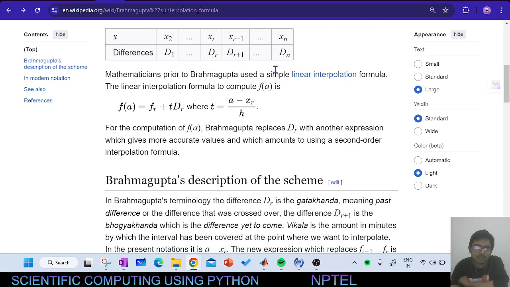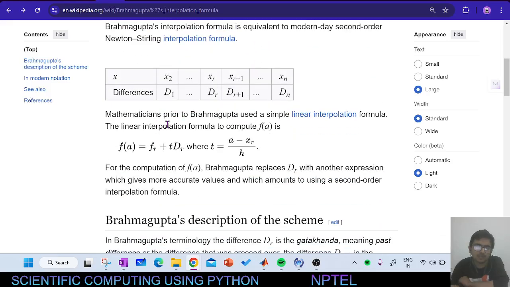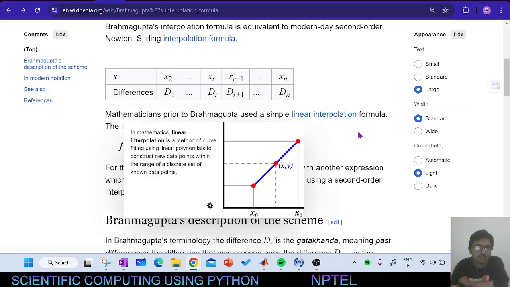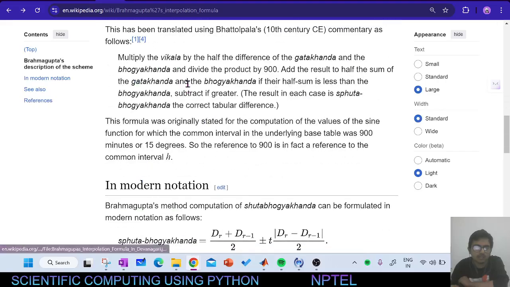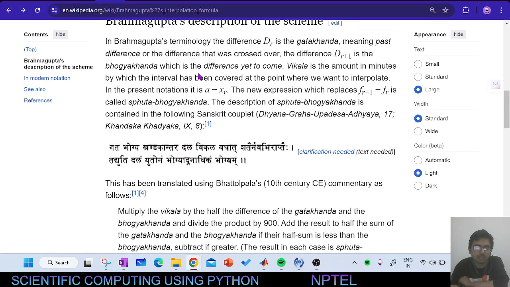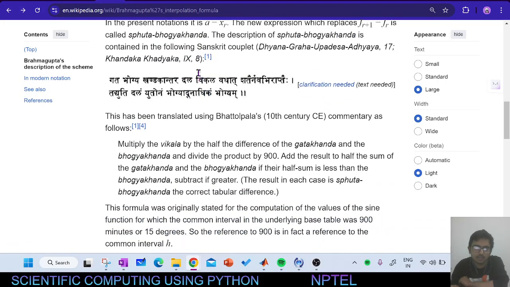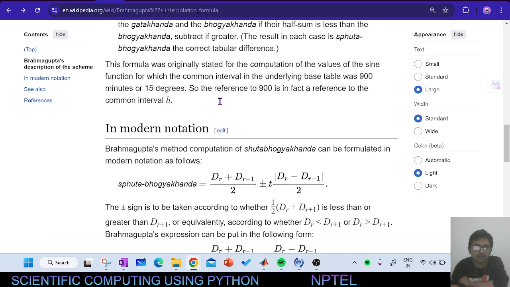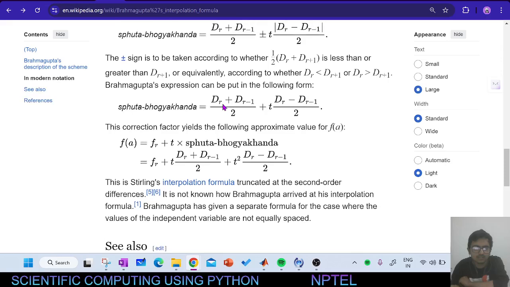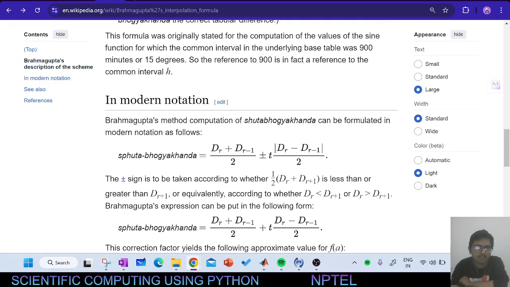Okay. And before that, everyone used the linear interpolation. And he was the first one to do the second order thing according to this wiki page. I'm not an expert, but they have this shloka and the translation and everything. So if you are interested in it, just look it up.